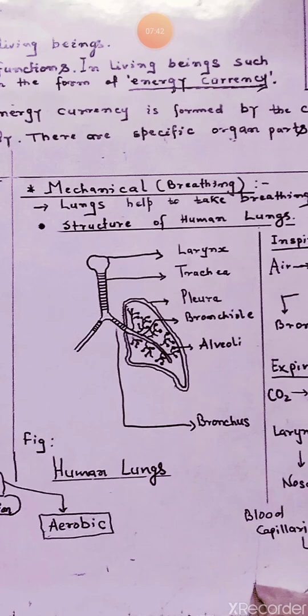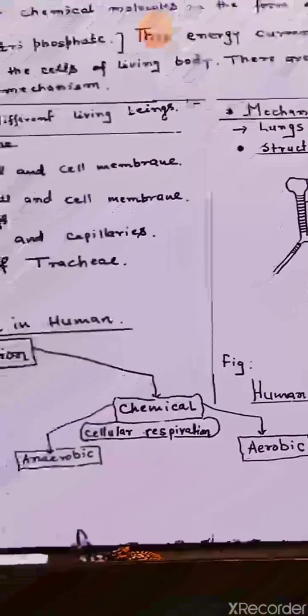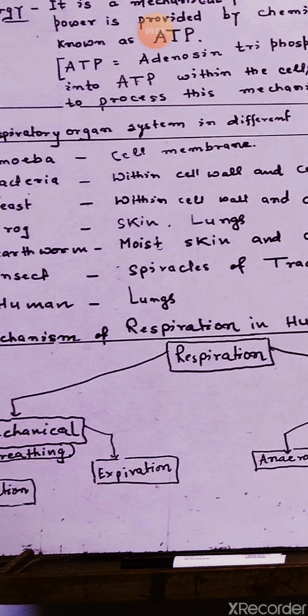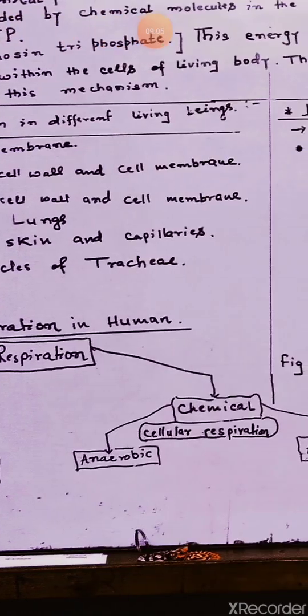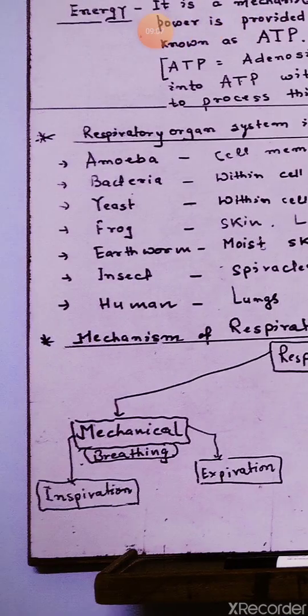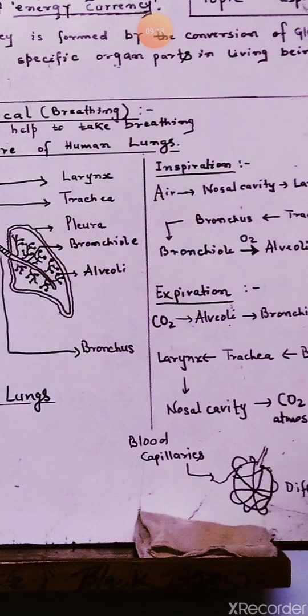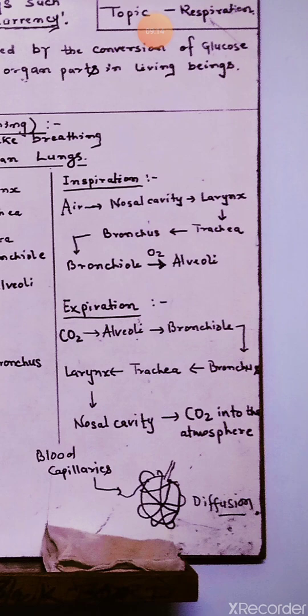So now let us continue with the mechanism of breathing. Here there are two distinct processes: inspiration and expiration. Inspiration is the process through which we inhale the air and bring the oxygen molecule into the alveoli.